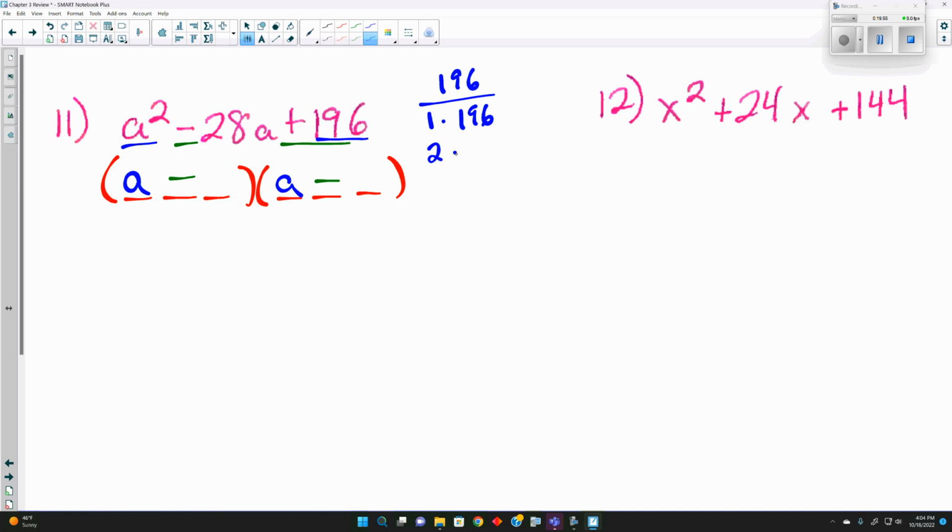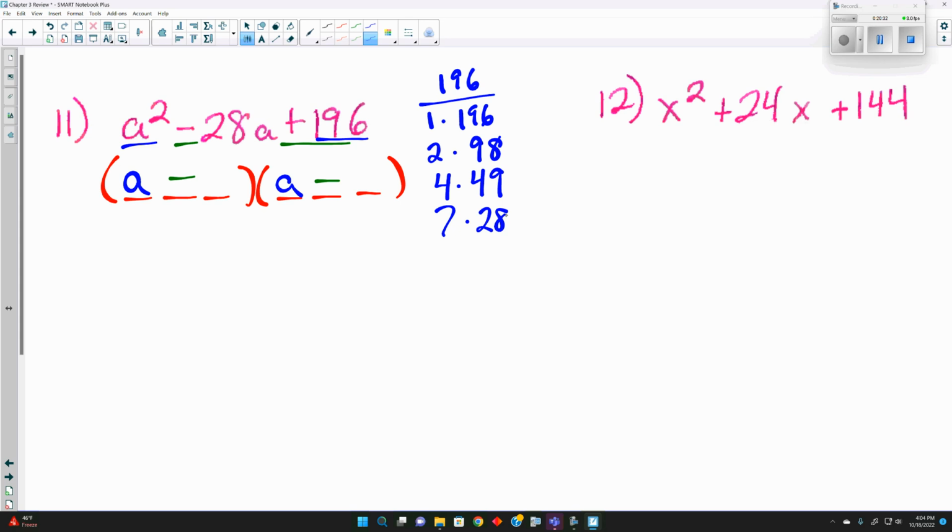We have 2 and 98. 3 does not work. 4 does work: 4 and 49. 5 doesn't work, 6 doesn't work. 7, so that one there we would just have to calculate. 196 divided by 7 is 28, so we have 7 and 28.